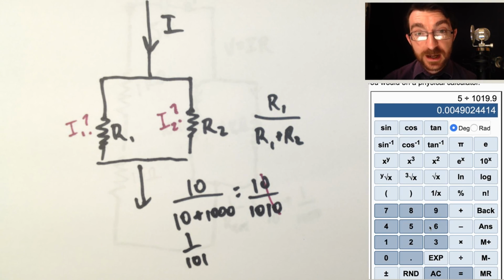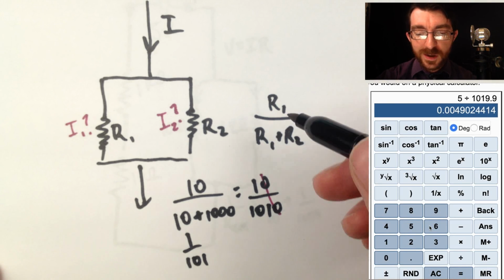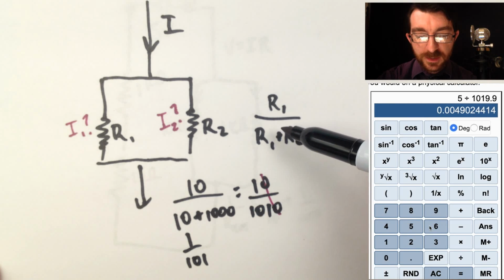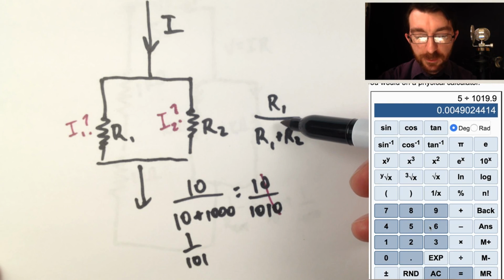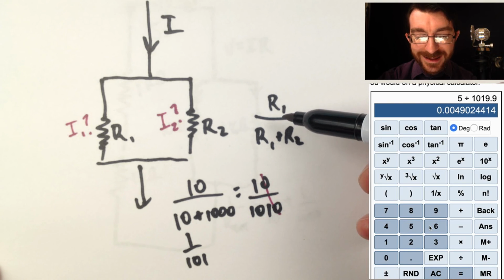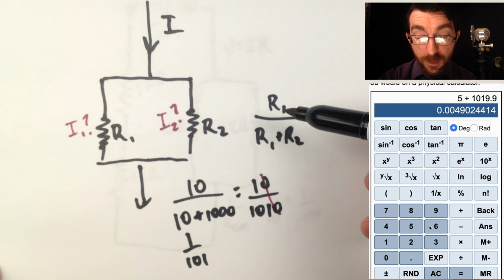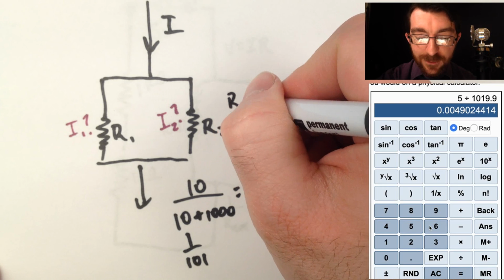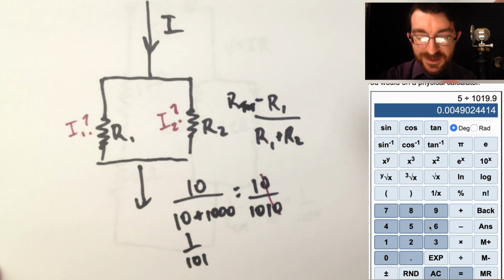So this particular example is pretty simple because there's only two resistors, and I don't want you to confuse the shortcut with the real answer, but let's just go ahead and go with this. So if resistor 1 only contributes this much of the resistance, then it would be the total resistance minus its resistance.